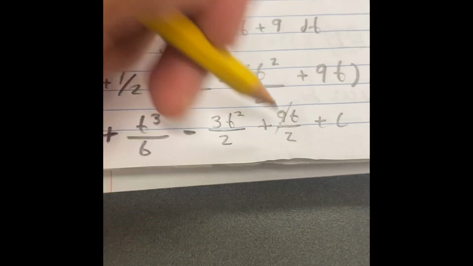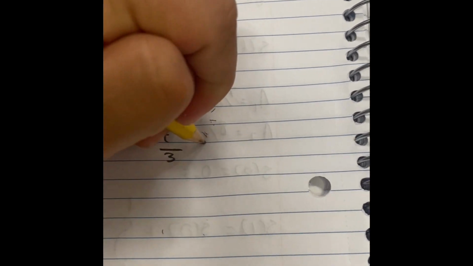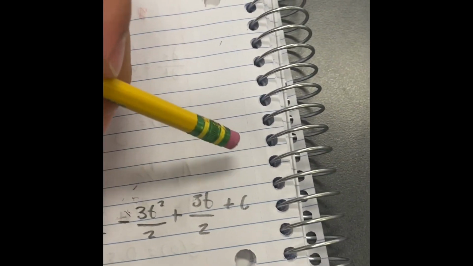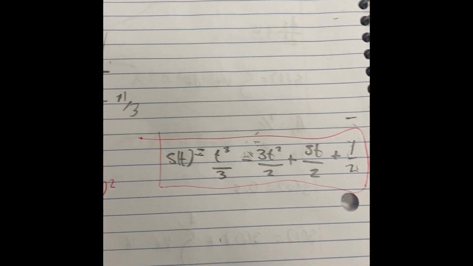Notice that this cancels with this, so our final result is going to look like this: t cubed divided by 3 minus 3t squared divided by 2 plus 5t divided by 2 plus c. Since we know that it starts at 0.5, our c's value is going to be 1/2. So we know that this is the equation of the graph of S of t.